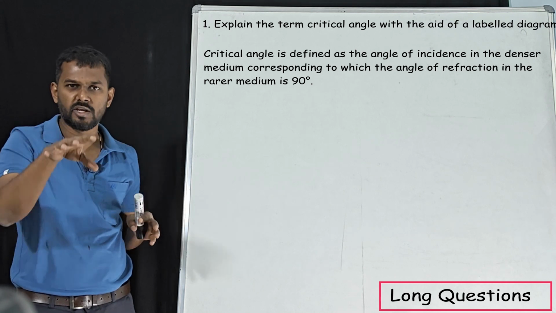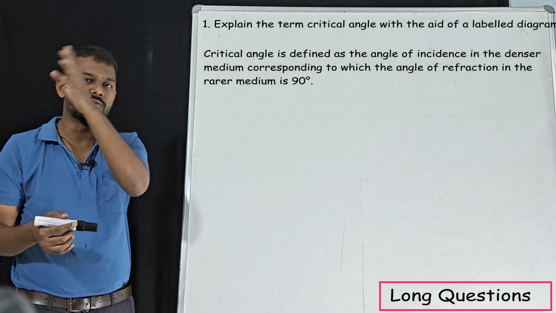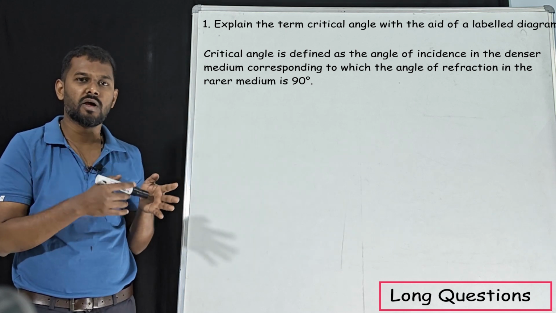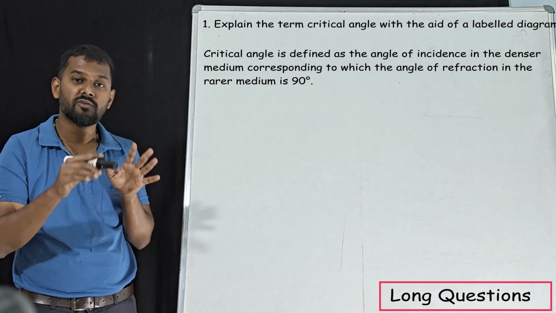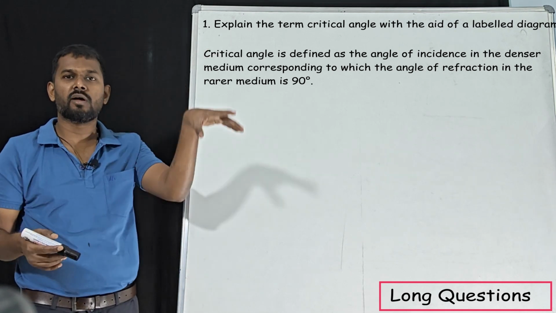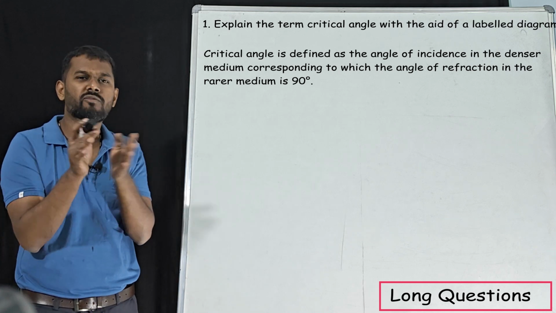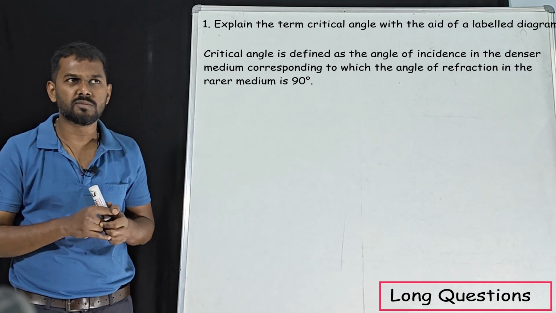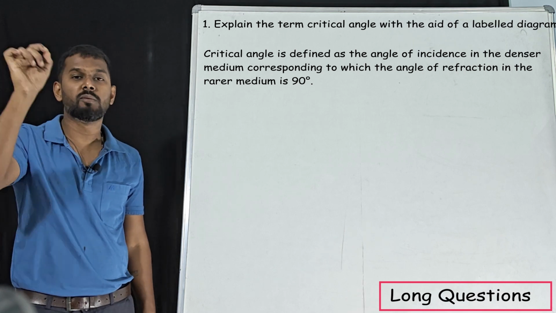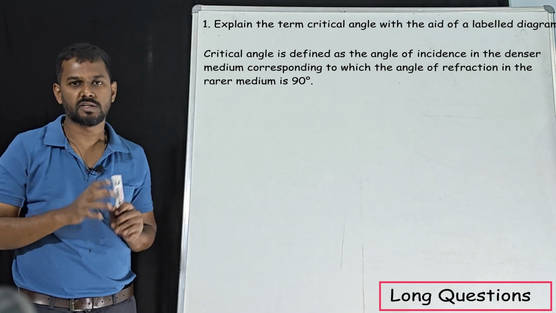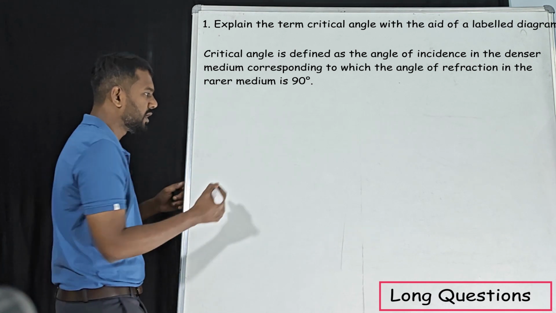Only a few definitions are like this, like Ohm's law. In Ohm's law, if you miss the statement that temperature and other physical quantities remain constant, whatever you wrote in the first part will be completely wrong. Whenever it comes to critical angle, you have to mention that the light ray is coming from denser medium to rarer medium. That's it. And they are asking for a diagram. So very simple.